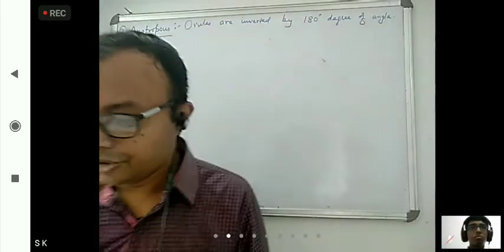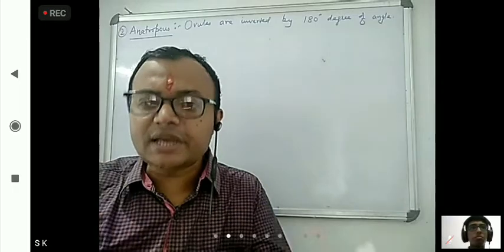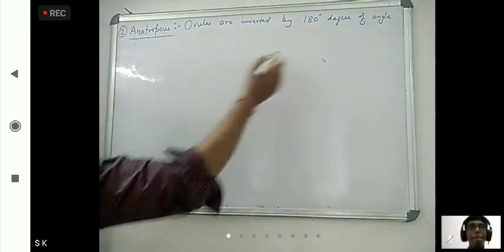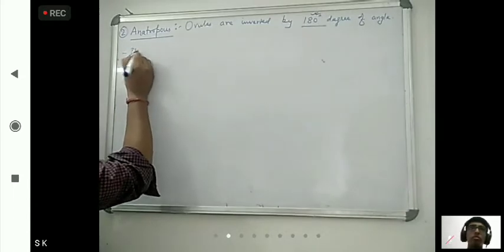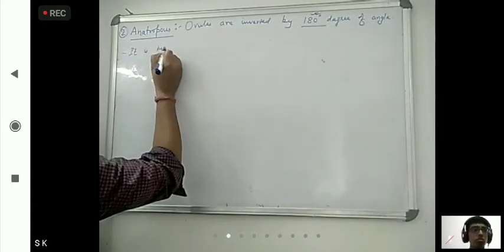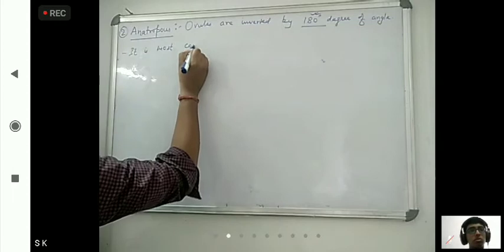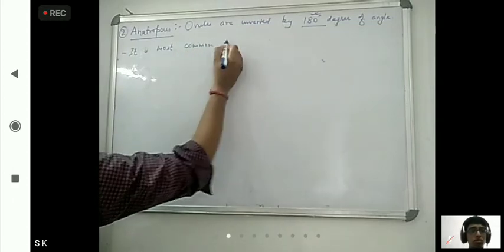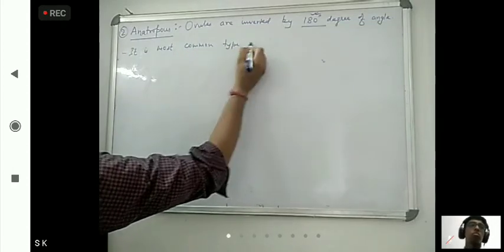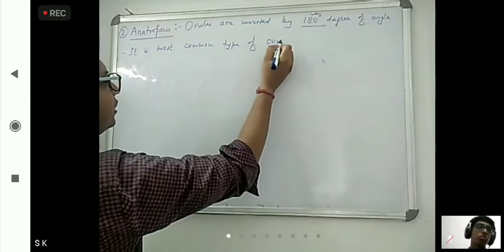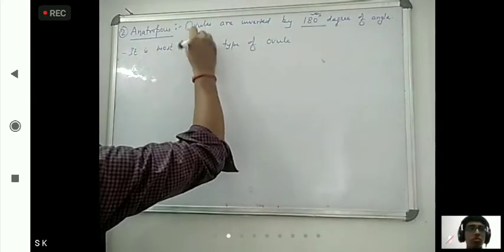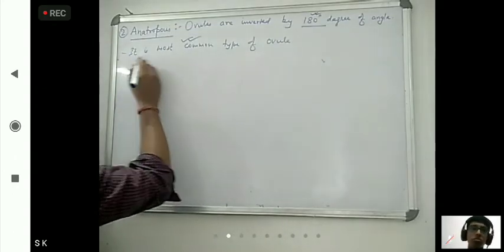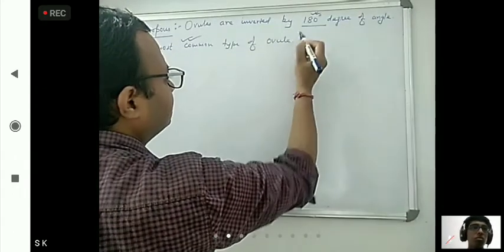It is most common type of ovule. Here you have to remember this 180 degree. It is most common type of ovule. Don't be confused. Previous one was most primitive type. It is most common type. So it is most common type of ovule.